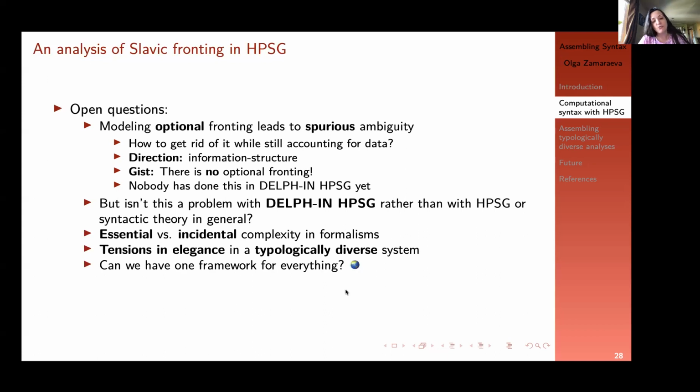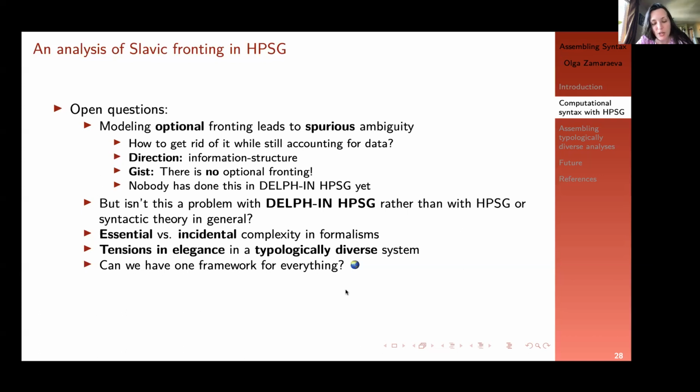And as for the tension between languages which use morphological marking for marking constituent questions, and languages which use fronting to build constituent questions, as I hinted, I identified tensions between the analyses if I try to put them in the same system.